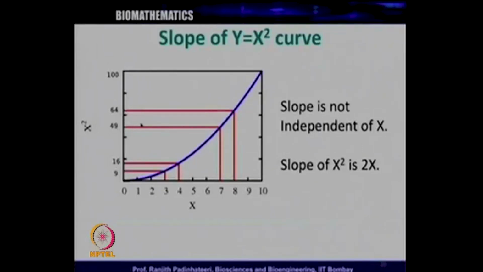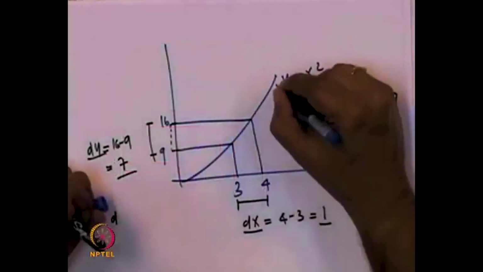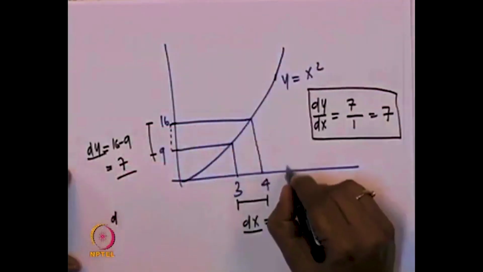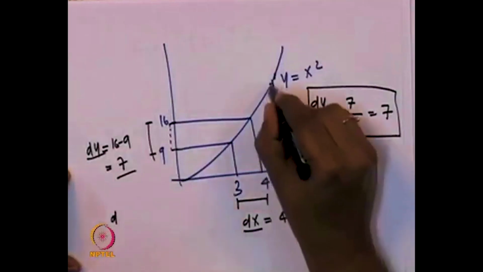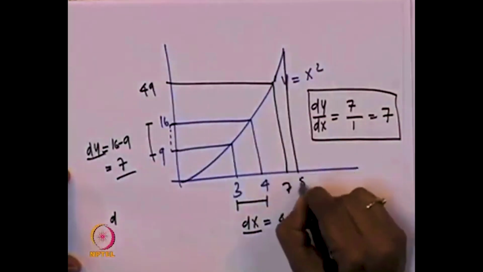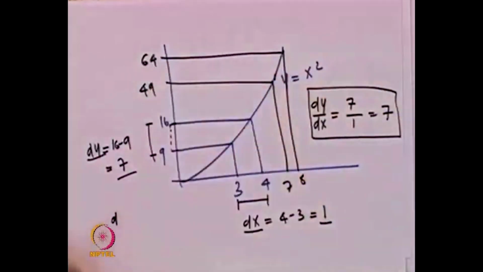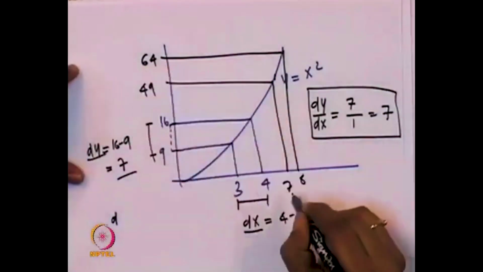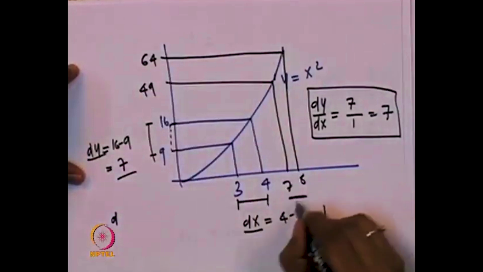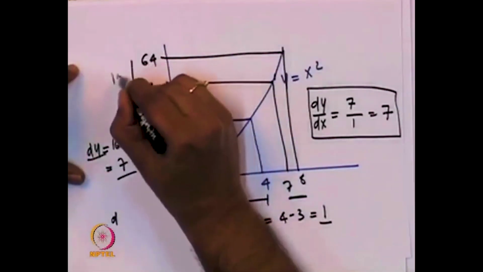Let us have a look here. If we had this curve a little more, if we start from 7, we reach 49. If we start from 8, we reach 64. So, this dx was 1 and the dy was 15.